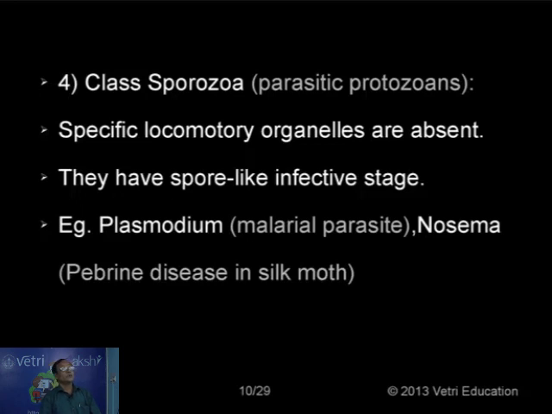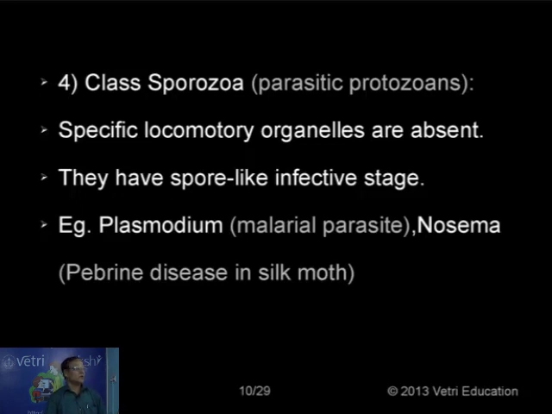The best example is Plasmodium, the malarial parasite, the one which causes malaria. And another organism by name Nosema. This is normally a threat to apiculture and sericulture. Apiculture and sericulture are affected by this Nosema parasite because it causes damage to honeybees by causing Nosema disease.